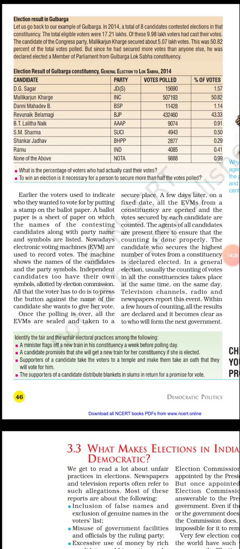Once the nomination has been done, campaigning will start, with rallies and meetings. After the campaigning, a date will be fixed for election day so the people can give their vote. That is called polling. After the election is over, after a few days, a date will be fixed and the counting will be done.